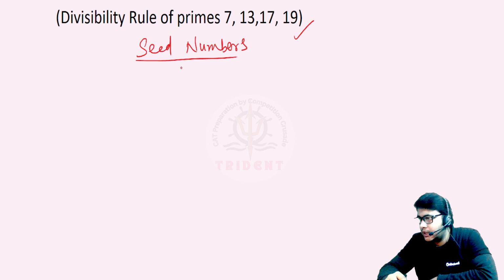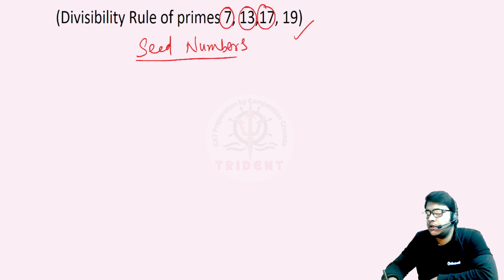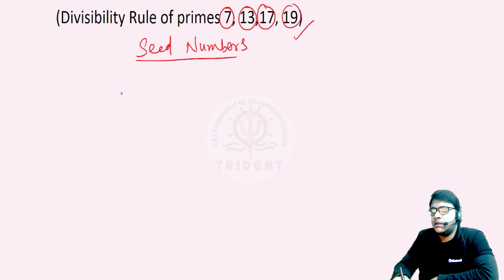First of all, let us talk about what seed numbers are for a prime number like a 7 or a 13 or a 17 or a 19. I will also elaborate on where this seed number comes from, but again that is not required for CAT, but just for curiosity's sake I'll give you the idea. So seed number basically is that number.